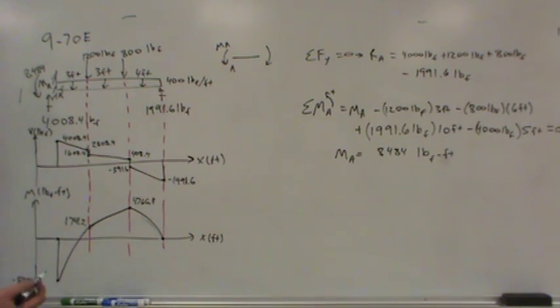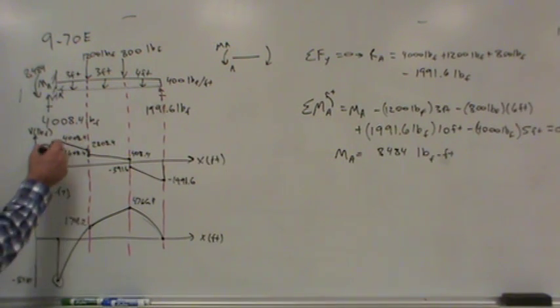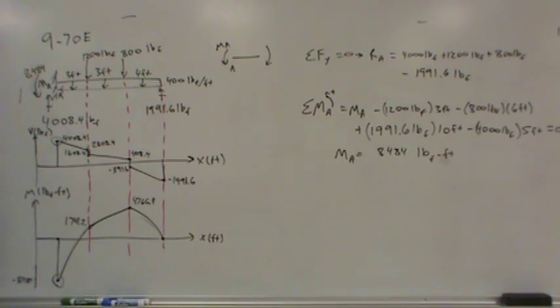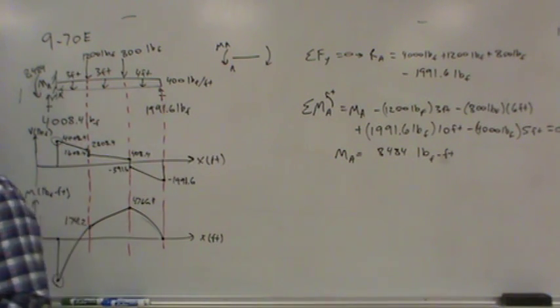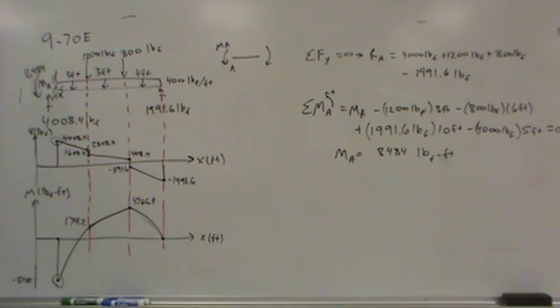Now the highest, or the largest moment occurs here. The largest shear also happens to occur at the left end of the beam. So at the wall connections is where our largest shear and bending moment will occur. Okay. Let's see, was there anything else we were supposed to find? I think that's it.